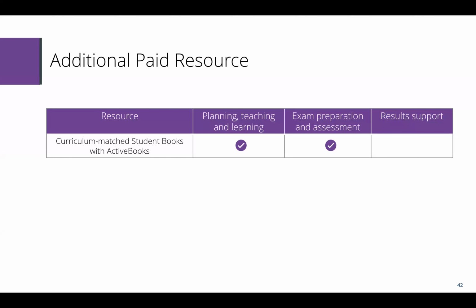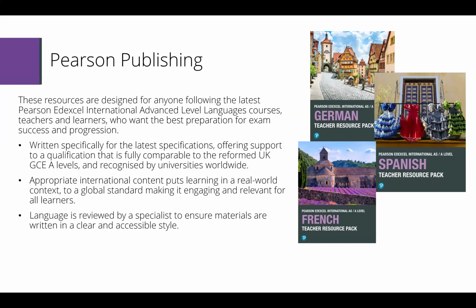We talk about textbooks, there aren't any actual textbooks, but there are some student books with active books which you have to pay for. These ones, you may well have seen them at the bottom of the page when you go on to IAL French, German, Spanish. So really, it's not a textbook, but it has got lots of practice stuff if you want to have that. I don't know how much they cost.